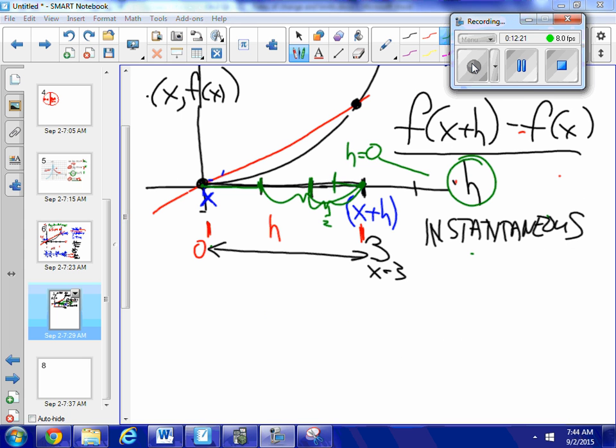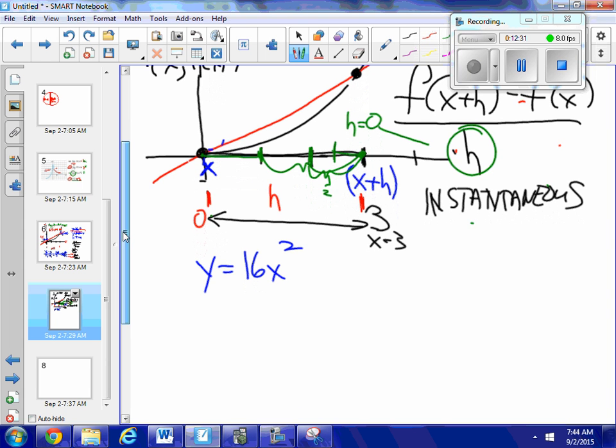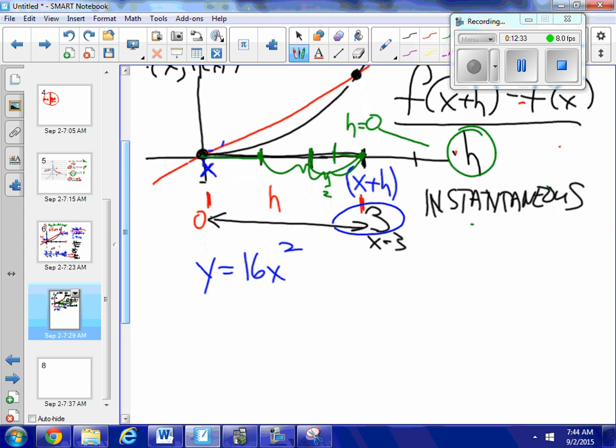So I get out of this using some algebra. So my function, again, is y equals 16x squared. So my x is 3. I'm trying to find the rate of speed right at x equals 3, and my h is equal to 0 because it's instantaneous. So let's use our equation for finding the slope that we were doing a minute ago.